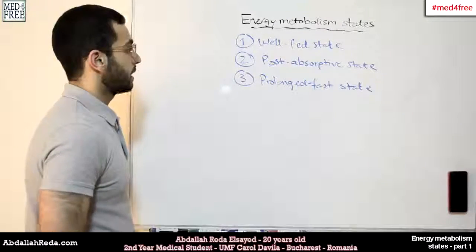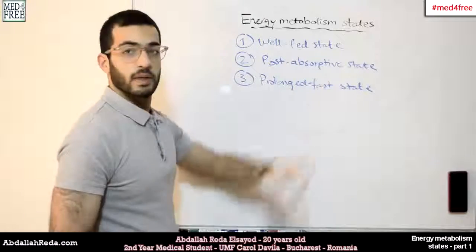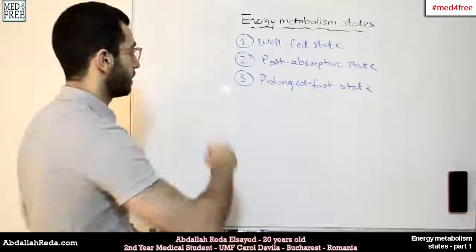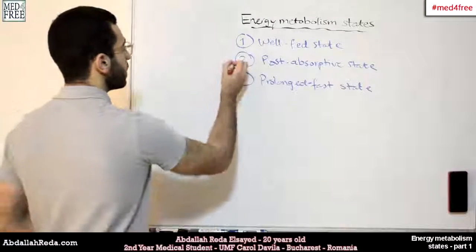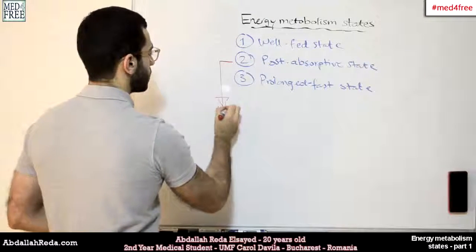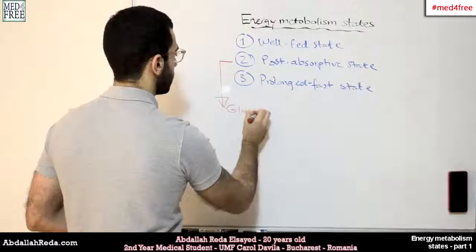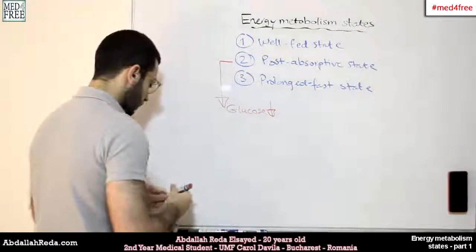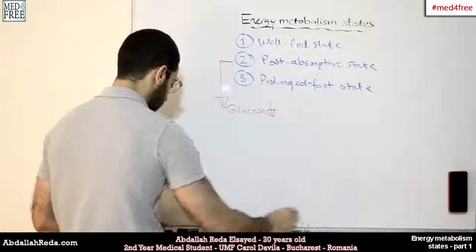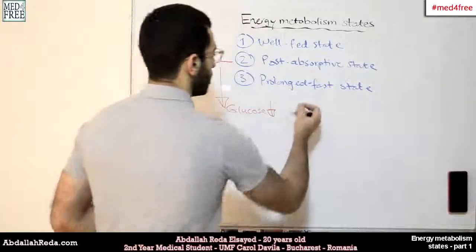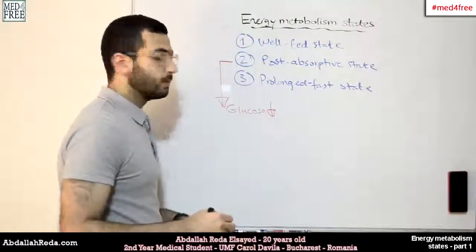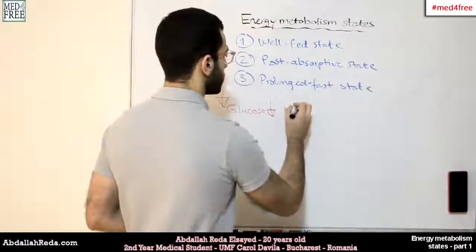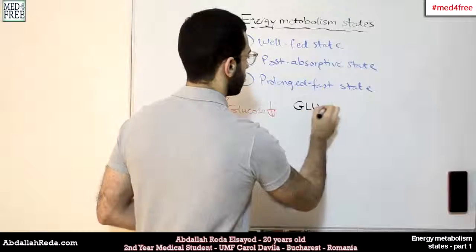Now the second state, which is the post-absorptive state. After maintaining the glucose levels and all of this, the glucose levels, after they were high, would be low. And this would trigger two other hormones. A hormone which has a function which is totally opposite to insulin. It's an antagonist to insulin, which is glucagon.